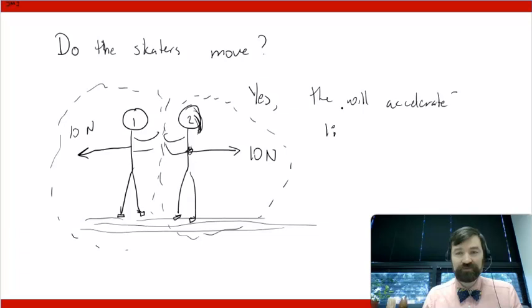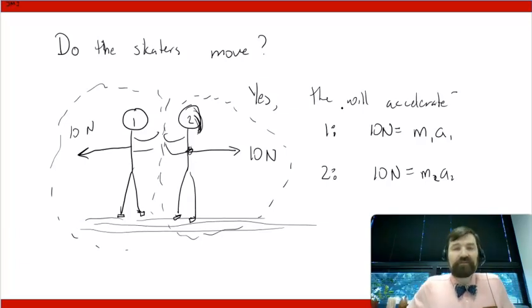For the first one, we would have 10 newtons is mass of number 1 times acceleration of 1. For 2, we would have 10 newtons is mass of 2 times acceleration of 2. They both have 10 newtons. The 10 newtons are in opposite directions. They may have different accelerations on account of different masses.